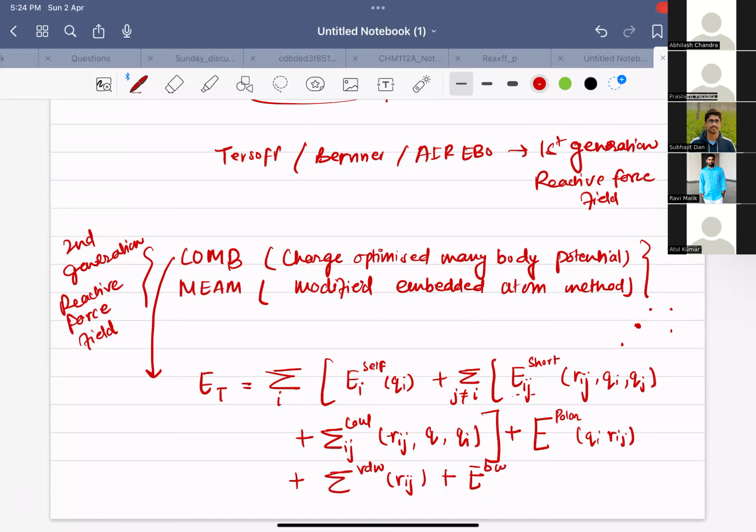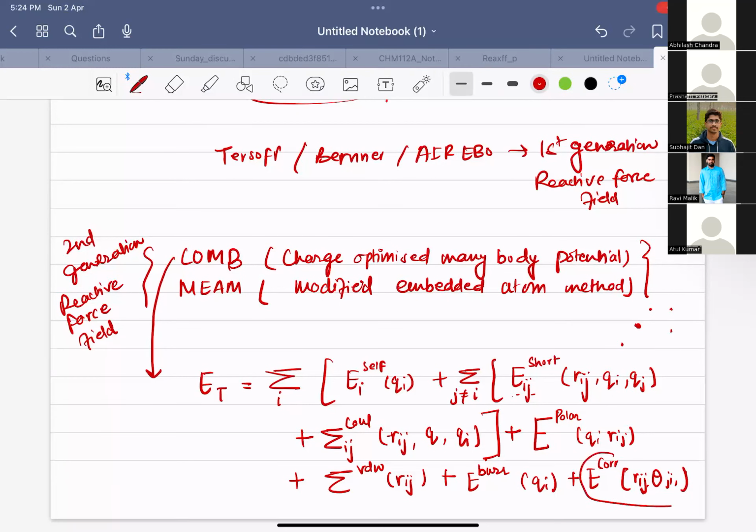Here E barrier is your charge barrier function, and E corrected is your angular correction term.